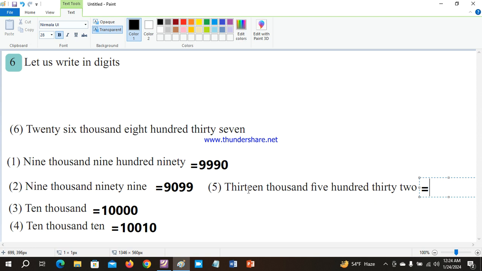So 1 is ten-thousand and 3 is thousand. So in ten-thousands place we have to write 1, and thousands place we have to write 3. That means 13,000, and then 500. In hundreds place we have to write 5, and then 32. We have to write 3 in tens place and 2 in ones place. 13,532.